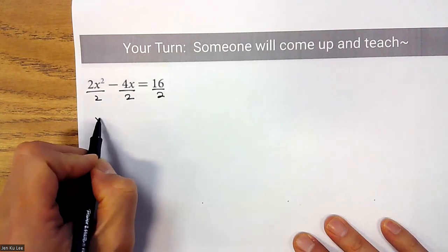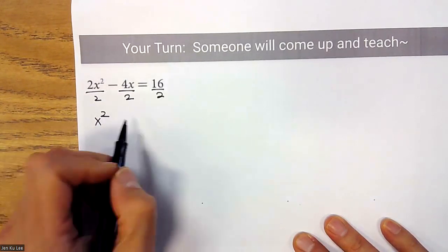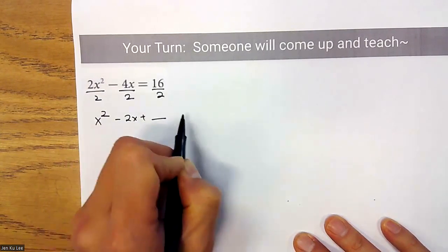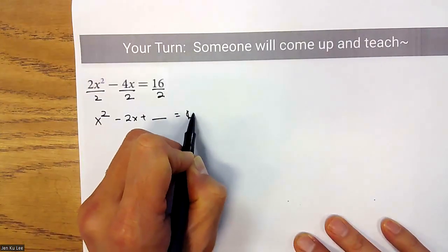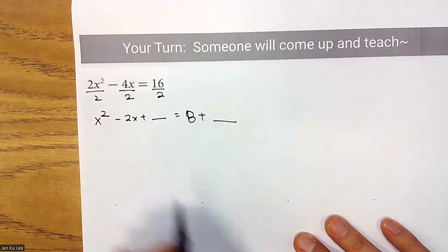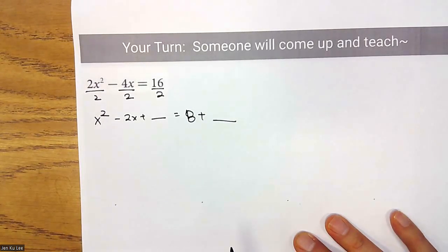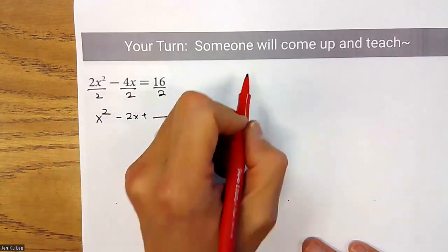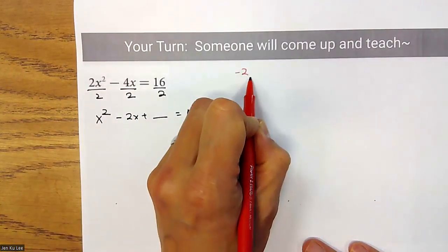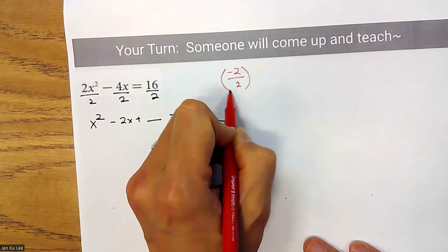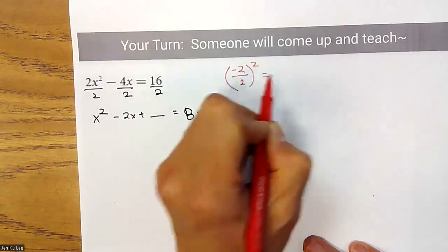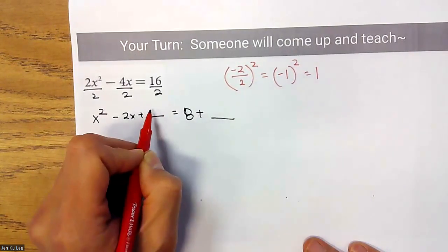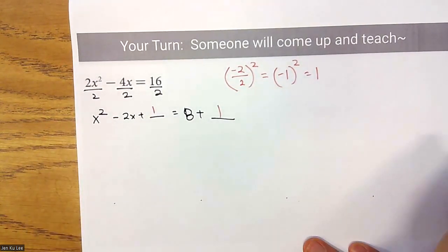So that's x squared minus 2x plus blank equals 8 plus blank, right? 16 divided by 2 is 8. So we're gonna get the coefficient of x, which is -2. We're gonna half it, and we're gonna square it. So that's -1 squared, which is 1. Add 1 to both sides.